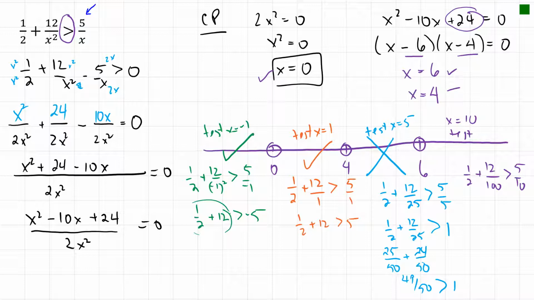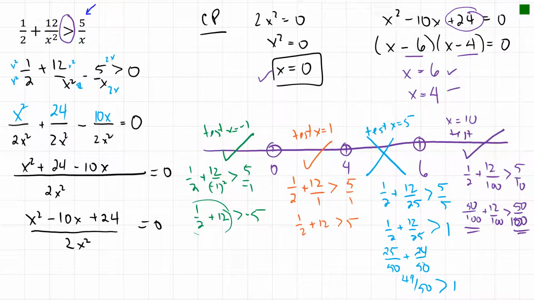So 1/2 plus 12 over 100. If I find a common denominator, that's 50 over 100 plus 12 over 100. Is that greater than 50 over 100? You bet it is, because these are the same. So if you're adding anything to 50 over 100, it's bigger.